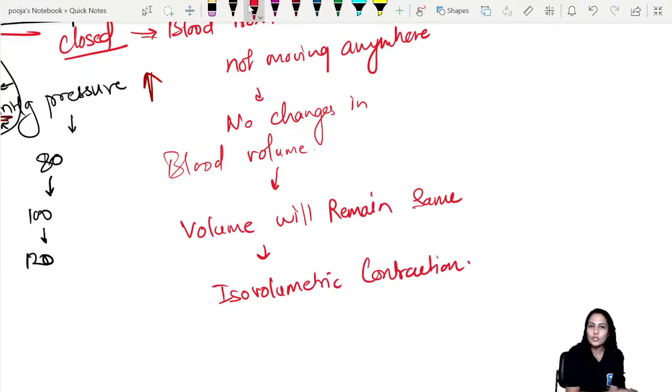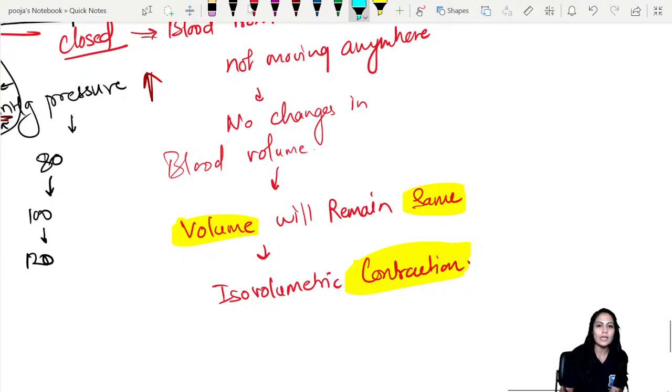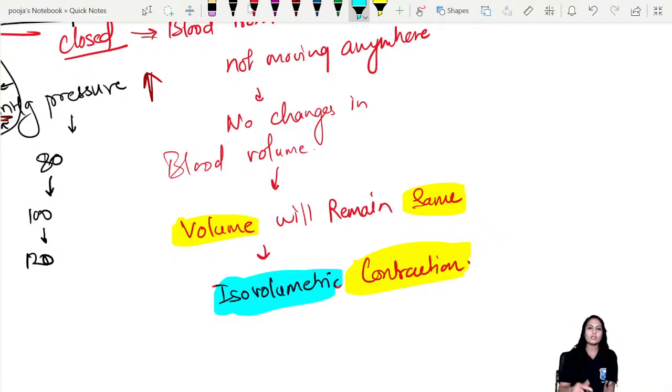Since the contraction is going on and at this point the valves are not open, the contraction is going on but the volume is the same, and that's why it is known as isovolumetric contraction.